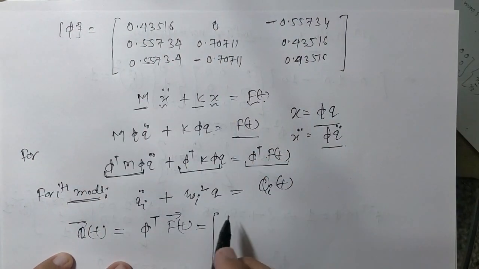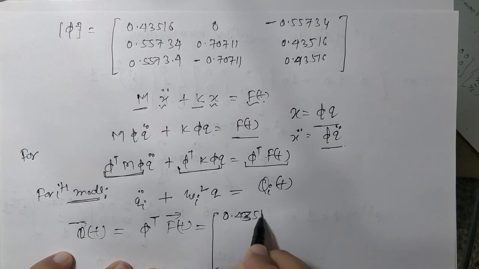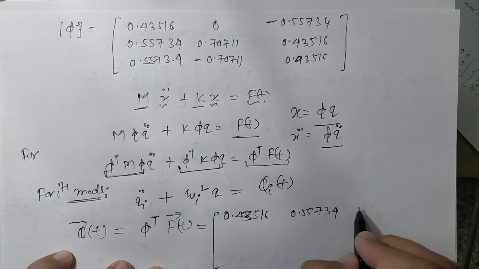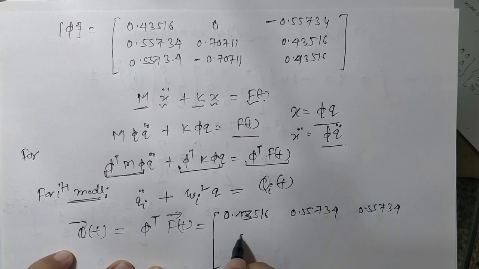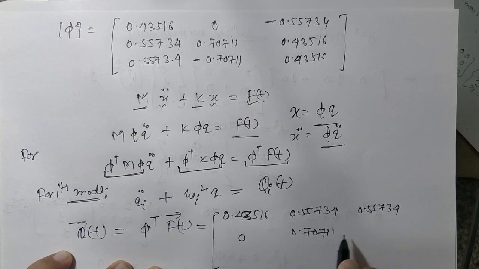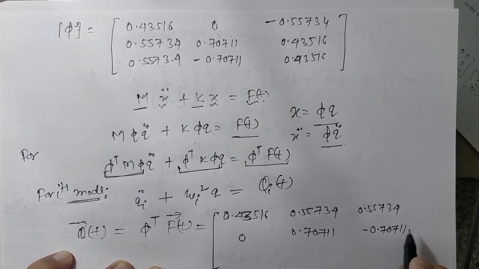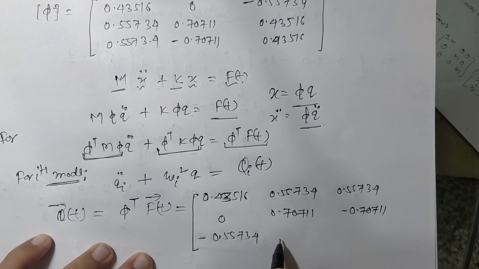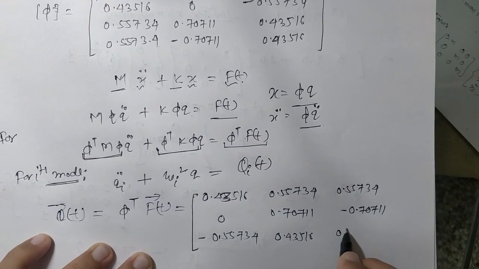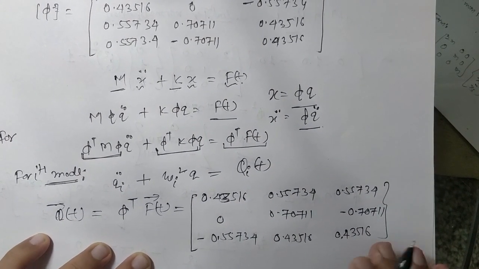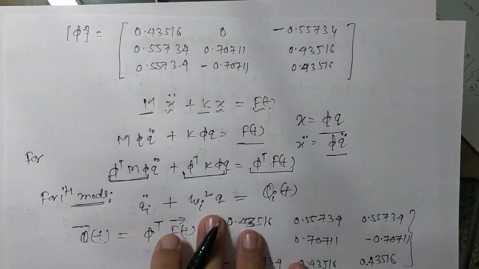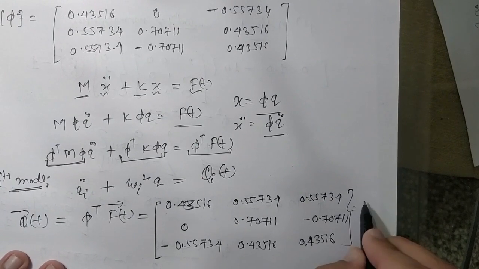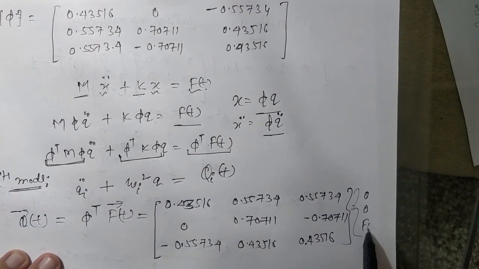The transpose of this matrix is 0.43516, 0.55734, 0.55734, this is 0.70711, minus 0.70711, and the third is minus 0.55734, 0.43516, 0.43516, and our force vector from the equation of motion is 0, 0, F(t).